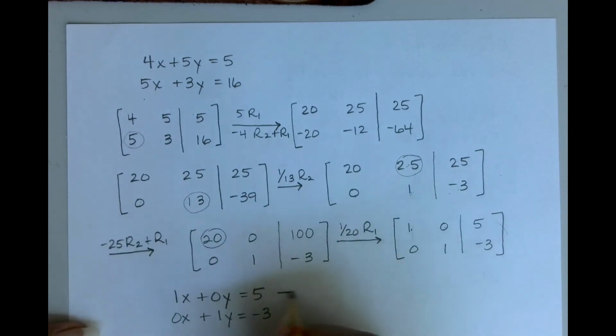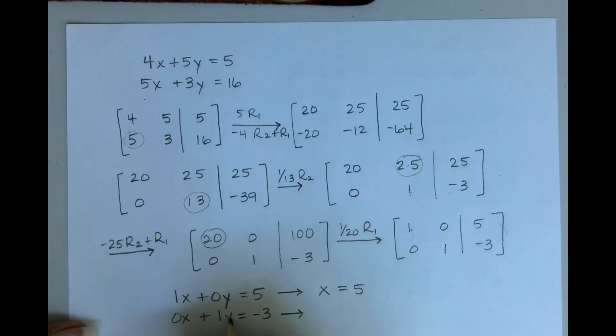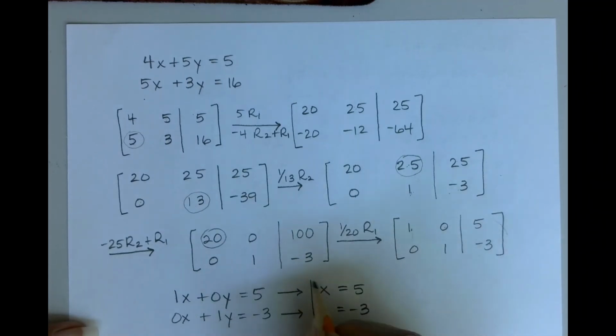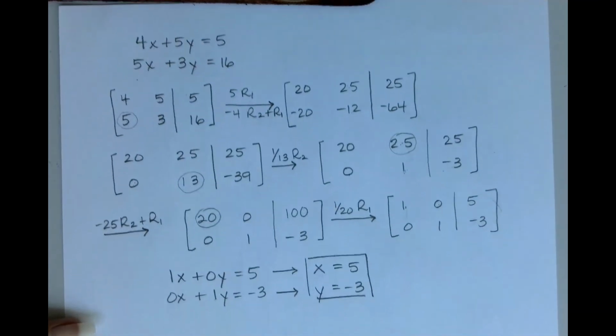Well, 1x is usually just written as x, 0 times y is just nothing, and 0 times x, nothing, no need to write that. 1 times y is just a y. Our 1 is understood to be there. So you ended up solving a system in this situation.